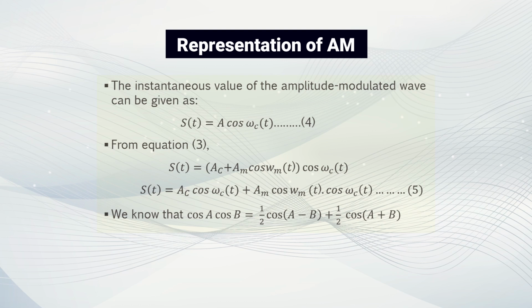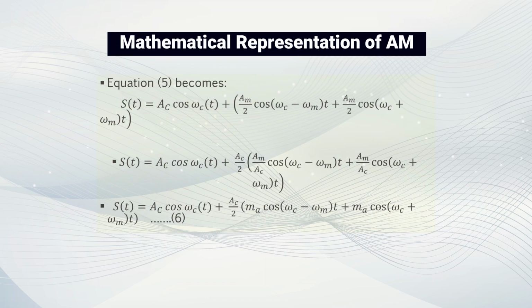Now, we know by the trigonometric formula of cos A into cos B, the above equation will be s(t) = A_c cos(omega_c t) + (A_m/2) cos((omega_c - omega_m)t) + (A_m/2) cos((omega_c + omega_m)t), which can also be written in the form of A_c.